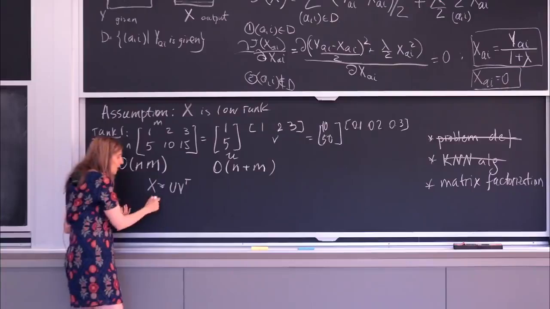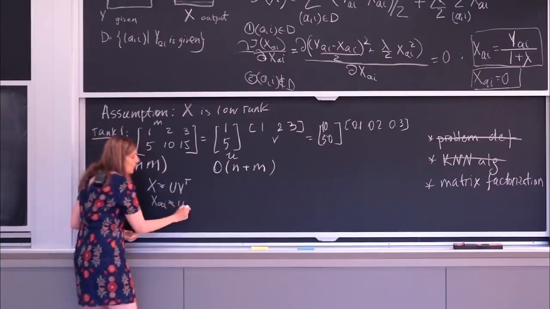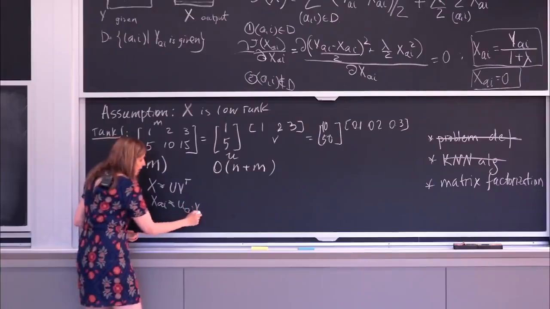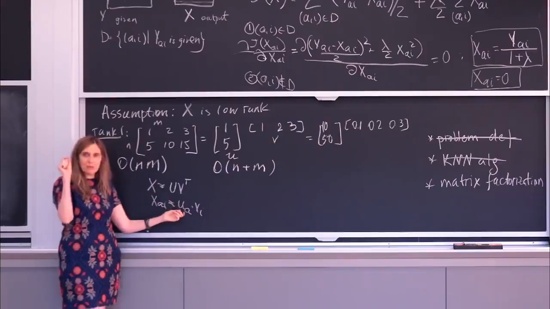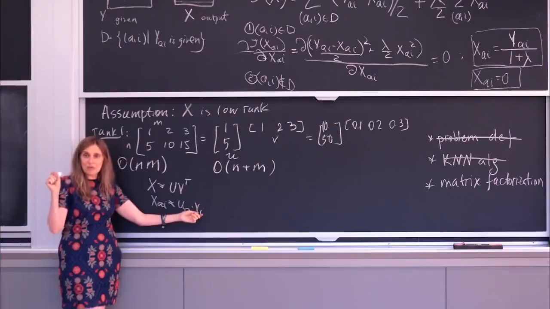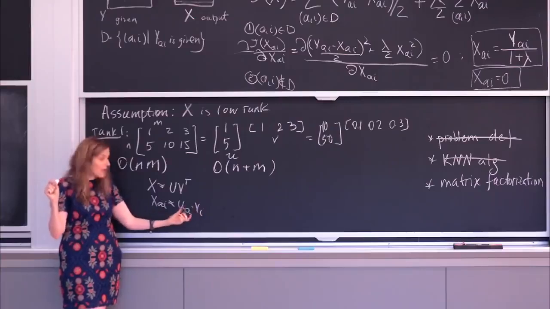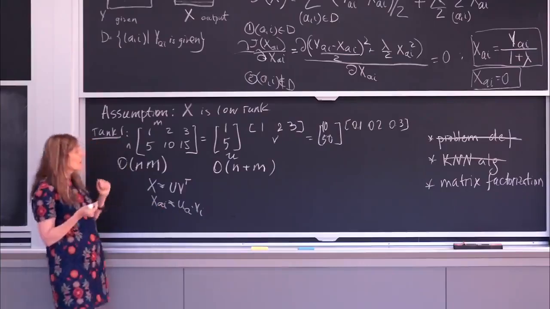In the case of rank 1, we can say that x_ai is equal to u_a multiplied by v_i. Remember, this is a vector. u_a would be just coordinate a of this vector, and v_i would be the i-th coordinate of vector v. Those are numbers. So we multiply these two numbers, we get a number in our matrix X.